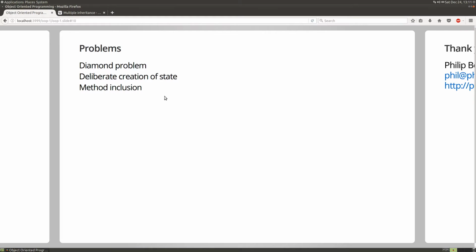And creation of state is kind of the heart of object-oriented design, because remember, an object is a bundle of state and behavior. And so if you're going to have object-oriented software, it's going to have state spread all over the system.